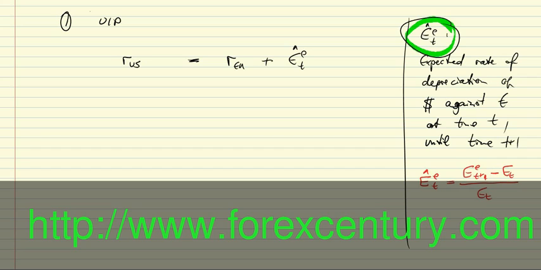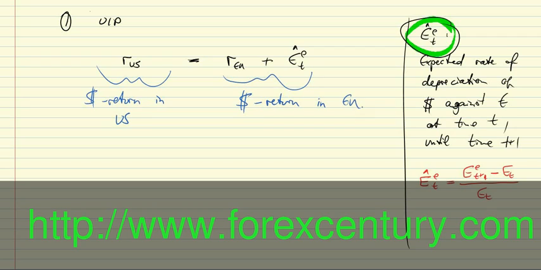So that said, we have here very simply the dollar return on the investment in the US. Let me write it like that: dollar return in the US, and on the right hand side we have the dollar return in the EU.